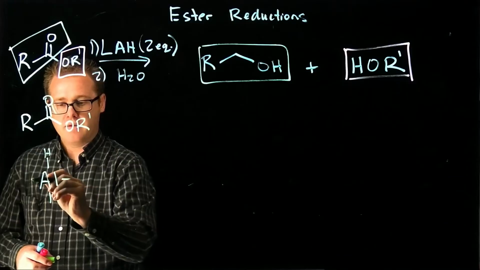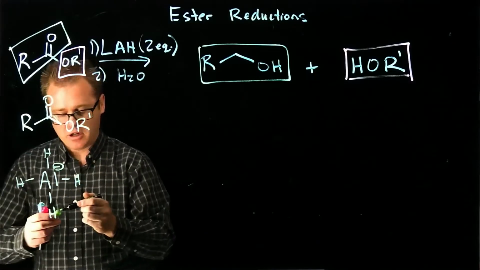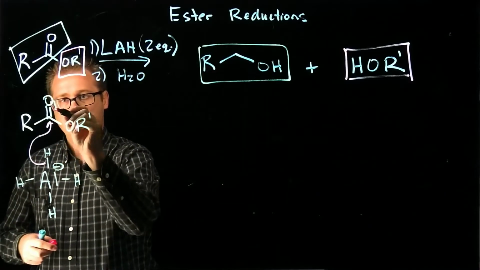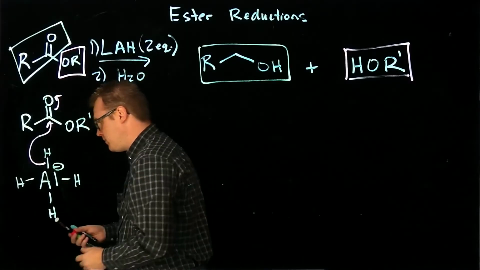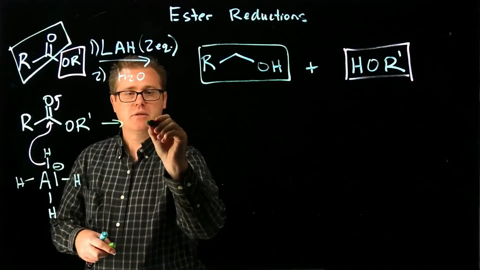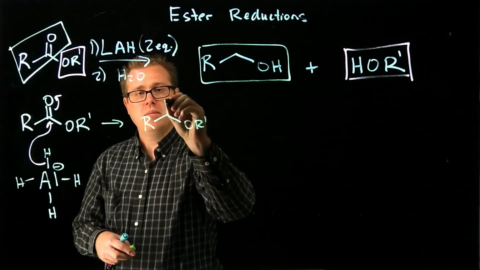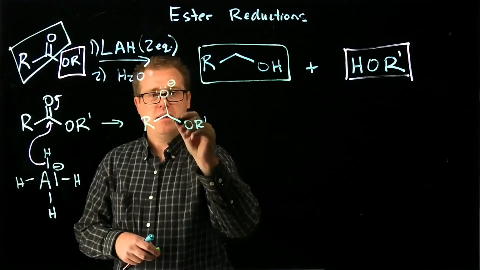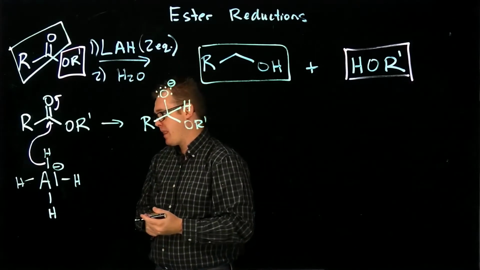It's going to have our 4 hydrogens on there, and it's going to be negatively charged. What's going to happen? Well, go like this. So that's going to give us OR prime, and then we've added our hydrogen like so.